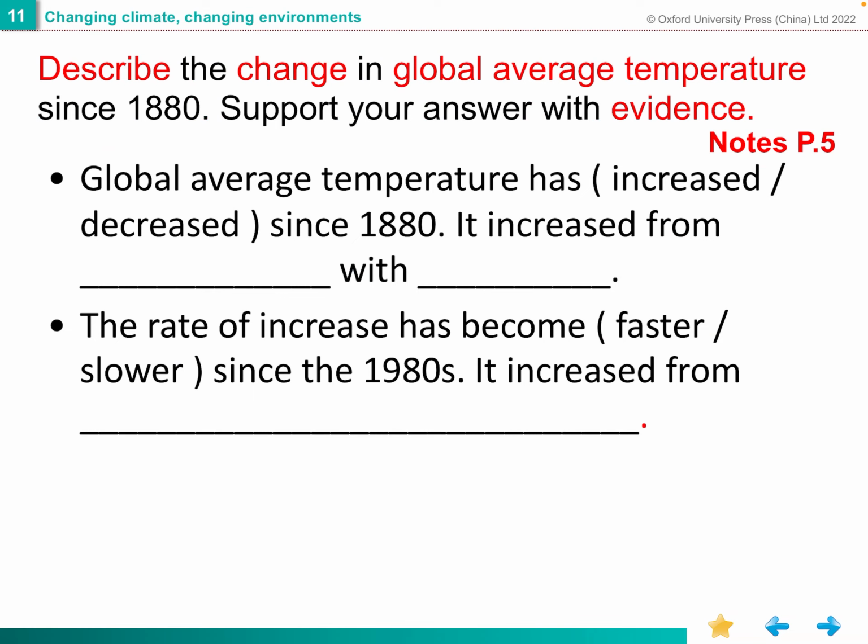We have given some hints to you. Circle the correct answer. The global average temperature has increased since 1880, and it increased from 13.7 degrees Celsius to 14.6 degrees Celsius.